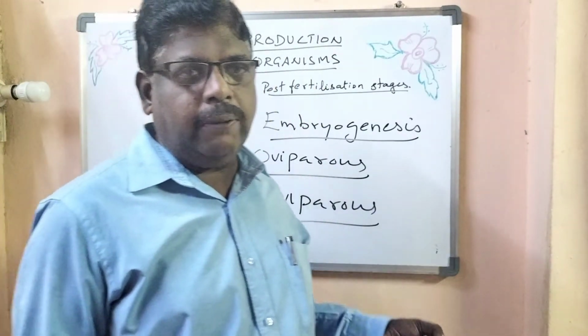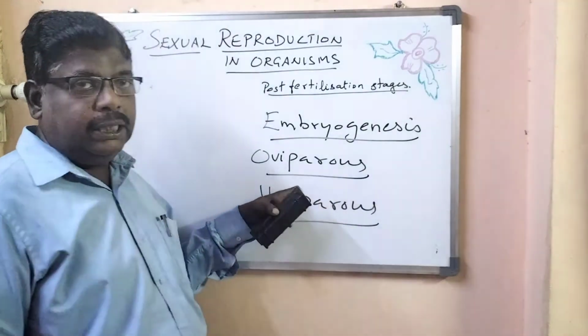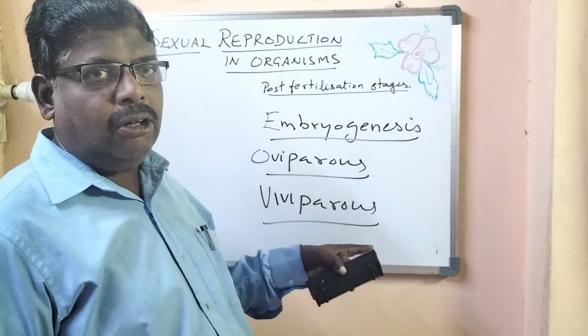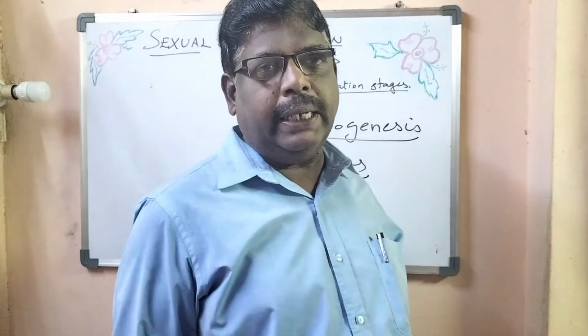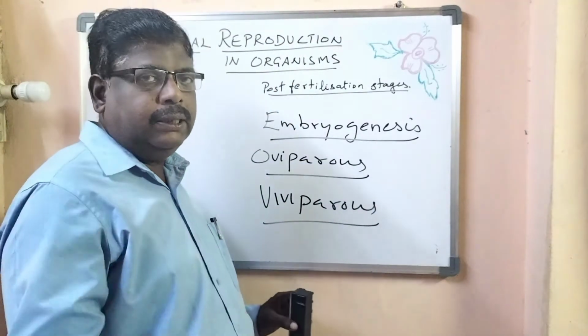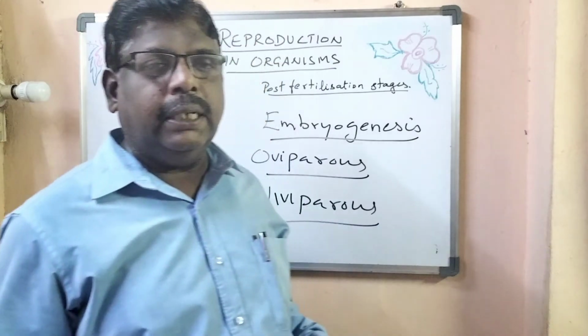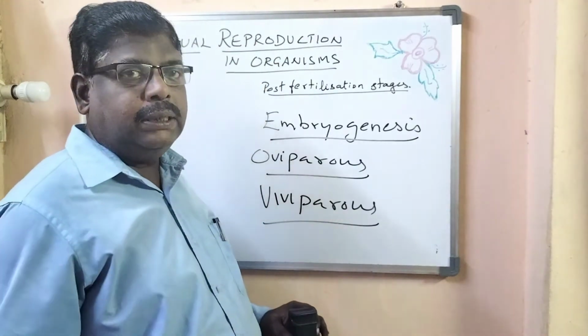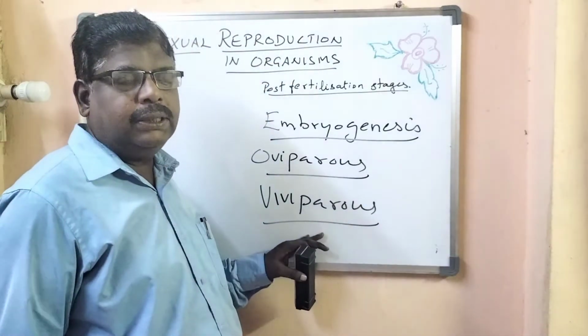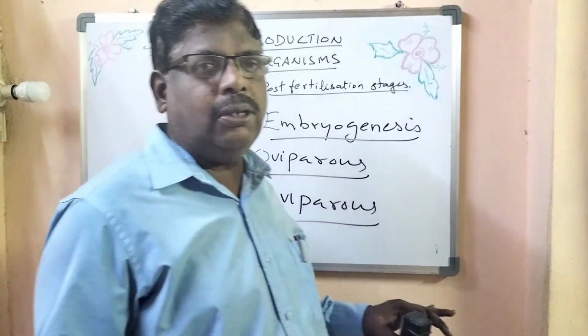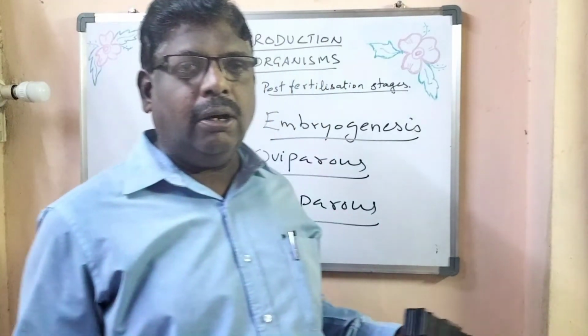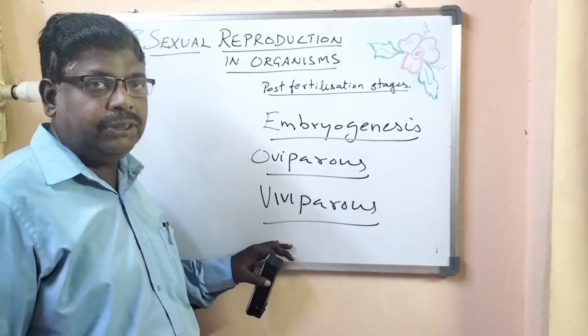Oviparous examples are reptiles and birds. Viviparous examples are human beings, horse, donkey, dog, all of which give birth.